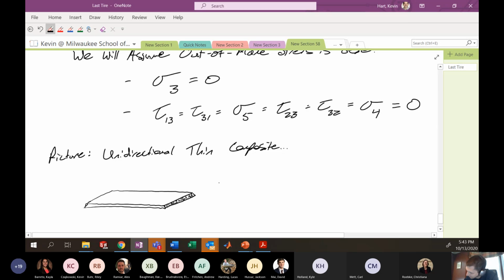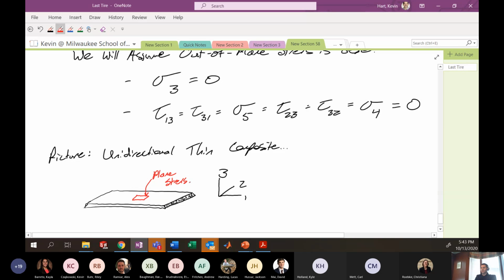If we were to put a coordinate system on this, maybe we'd have a coordinate system that looks like 1, 2, 3. So if you're looking at this particular composite and thinking back to your 3005 days, this element on the surface here is in plane stress.